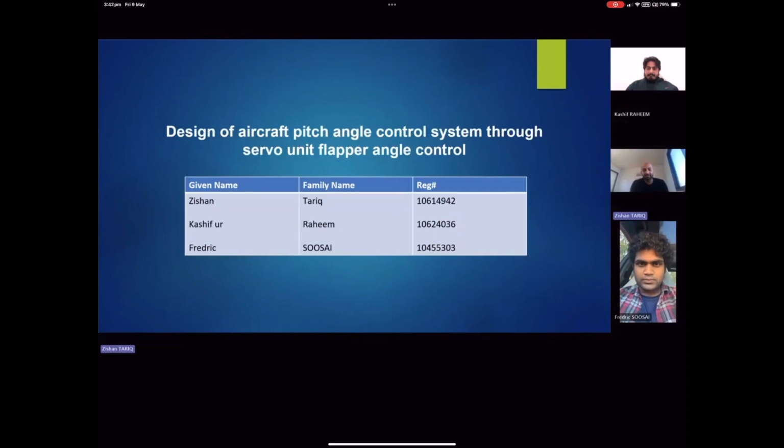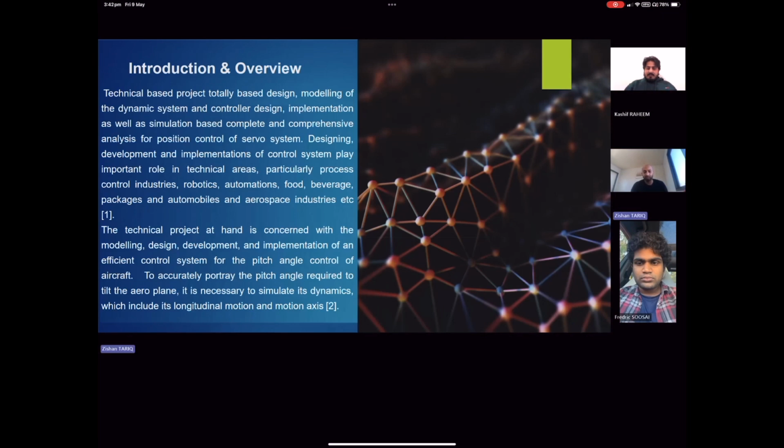Today our presentation topic is the pitch angle control of an aircraft through a servo unit by flapper angle control. So we are controlling the flapper angle, by which we control the pitch angle of the aircraft, with just a servo system, a servo motor.